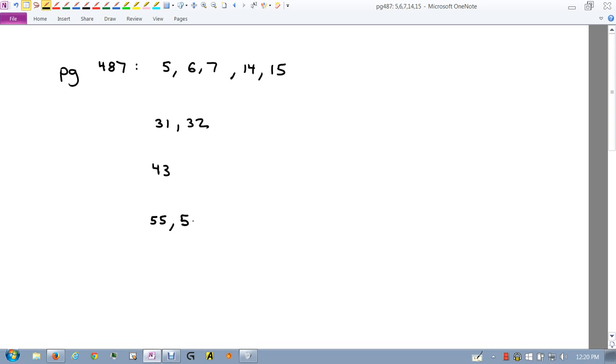And then 56. And on 56, just a quick little hint, you're supposed to find the Maclaurin series for secant x. Just remember, secant x is 1 over cosine, and then just do it the way we just did 1 over sine. Just a little different in the numbers. And I think they ask you for the first 3 non-zero terms.